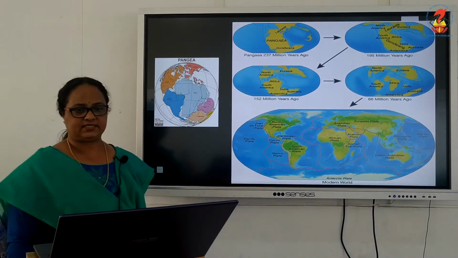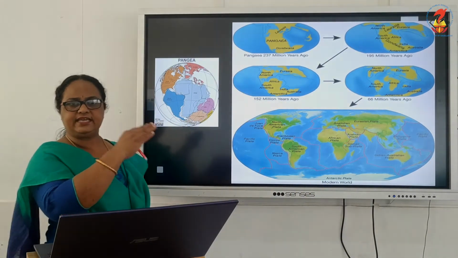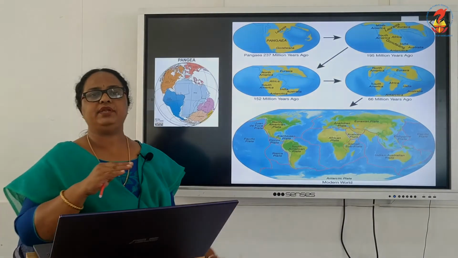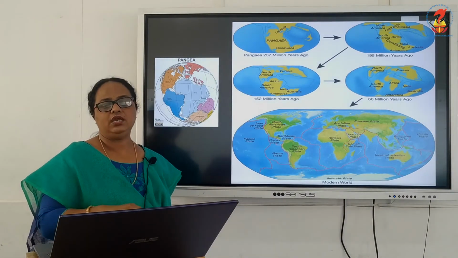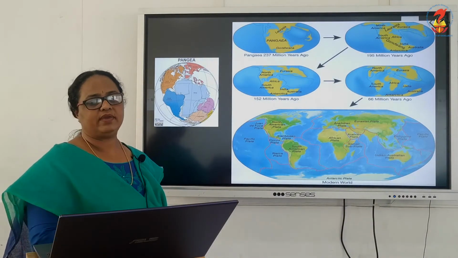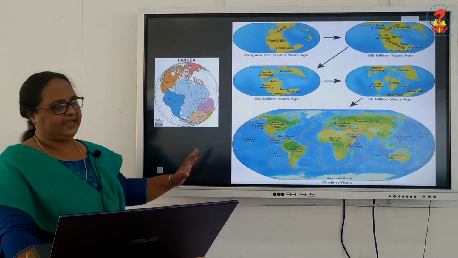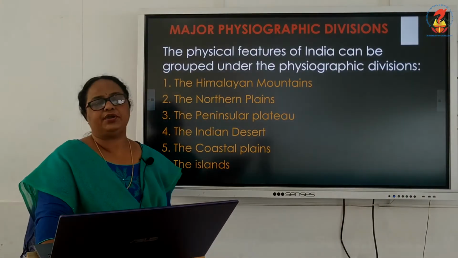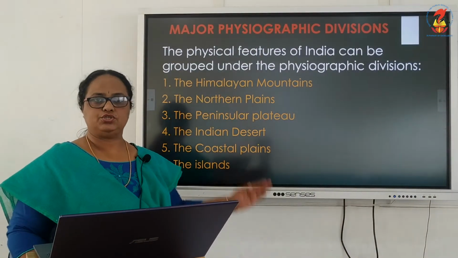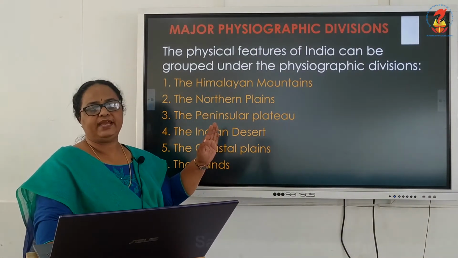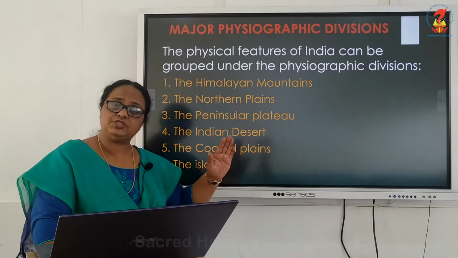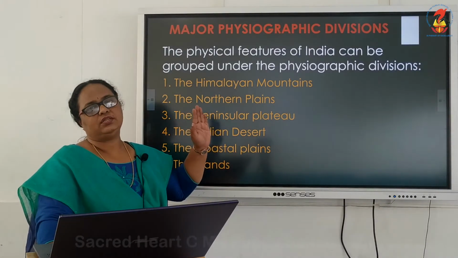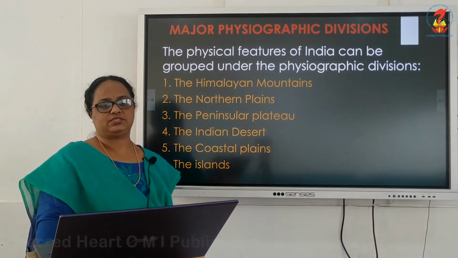All these changes have started happening only because of the movements happening in the plates. This is the explanation of the theory of plate tectonics. Due to the changes within the plates, there is a lot of transformation happening within the physiographic divisions.